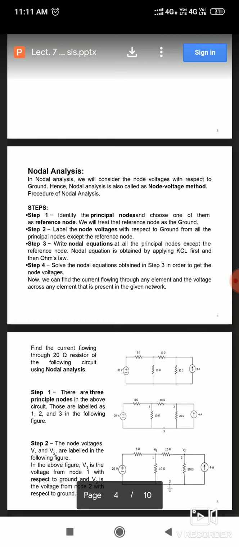Solve these two equations, and you will get the two unknowns, V1 and V2. After that, in step 4, you solve those equations and get the answer. These are the four steps we are going to consider when applying nodal analysis.